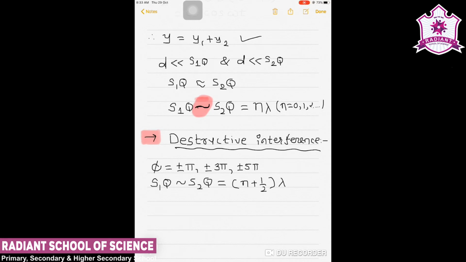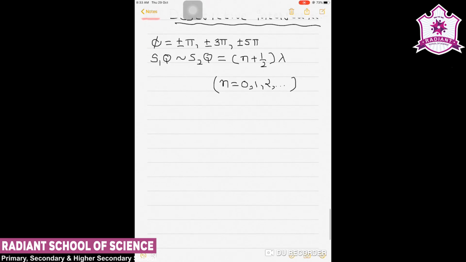This gives us destructive interference, again with n being 0, 1, 2, etc. So again, if we have two sources, this is my source 1, and source 2 is somewhere here, again the distance between them is negligible. I say this is point Q.